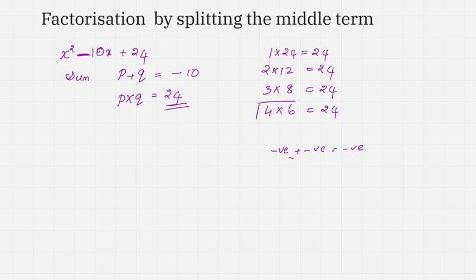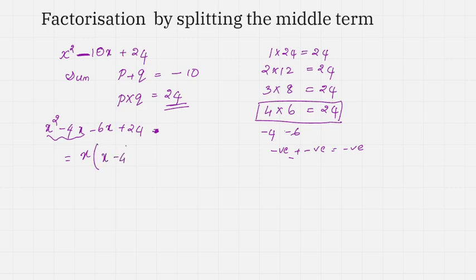Similar to the question before, we will consider this one. But here what will we consider? Minus 4 and minus 6 we will take. So we will substitute that here. So x square minus 4x minus 6x plus 24 is equal to, so in the first two terms I'll take x as the common factor. So we'll get x minus 4 here.